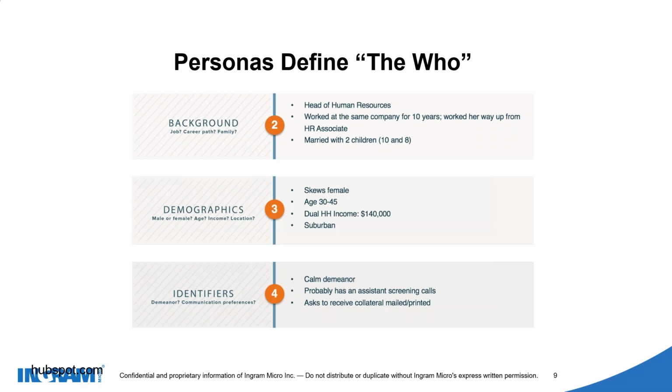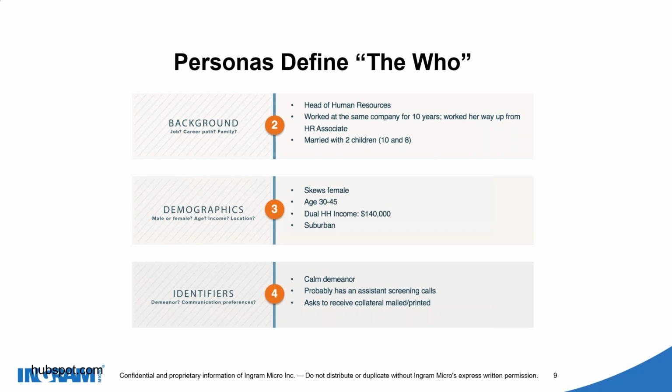Now, as you can see, these are quite generic. So they're generalizations of your target audience. So, of course, there are going to be people outside this generalization, but you try to target your messaging and your sales and marketing effort to the majority. And that's some of the key things there.